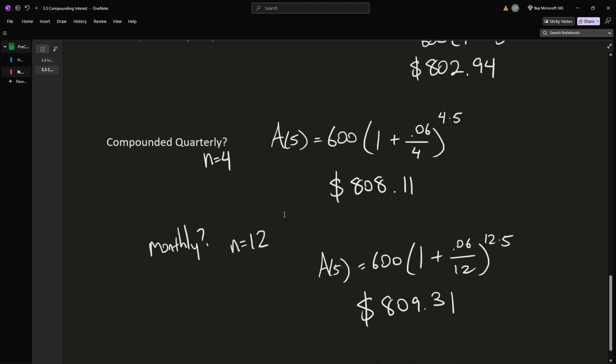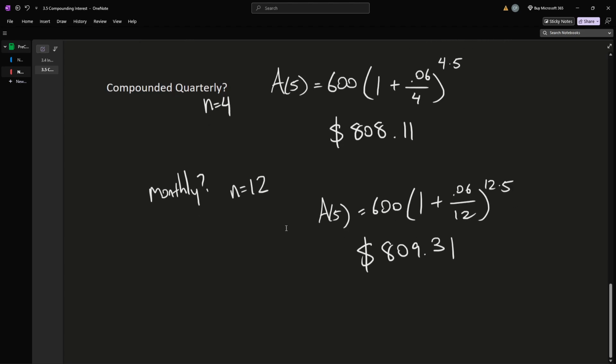So still a relatively comparable increase. But I got $1.20. You can assume that, let's say 36, doing it 3 times a month, might break $810. But going further and further, you can assume that it's kind of plateauing out. It's getting closer and closer to a certain point.